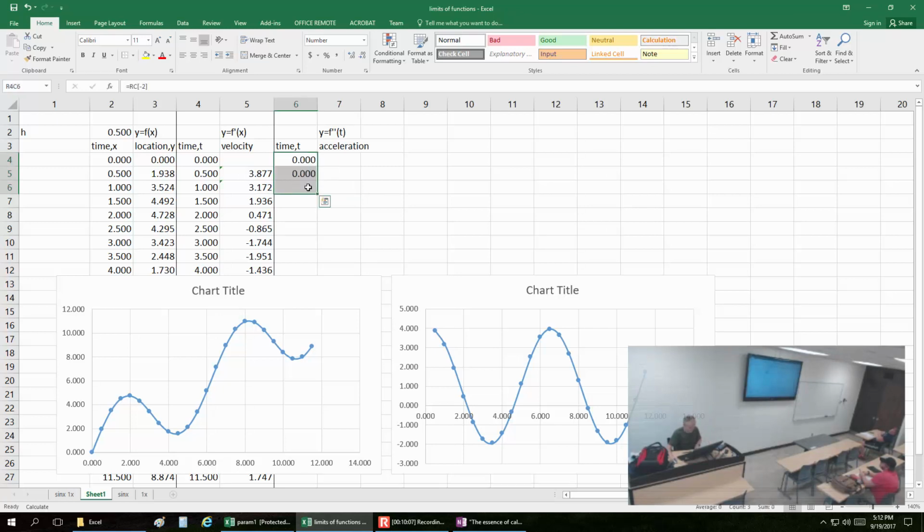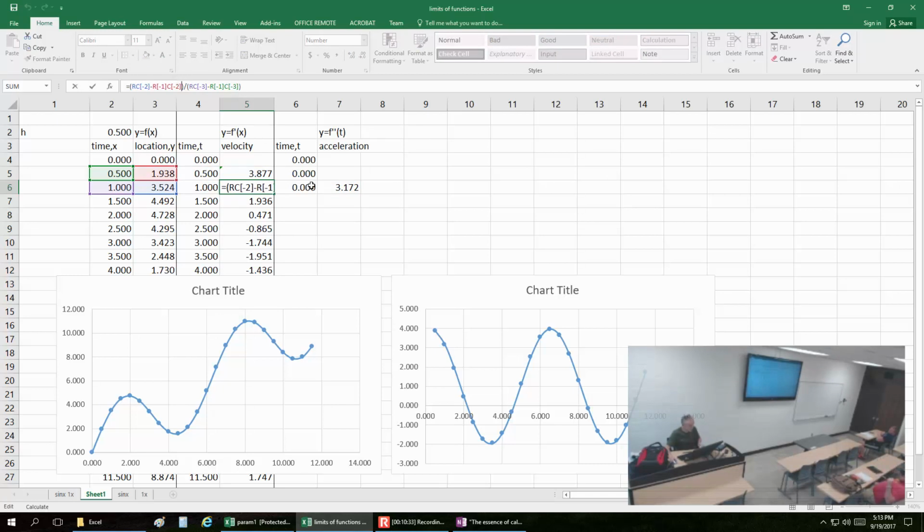I'll just copy. You see what happened: I didn't want to type that formula again, but look at it. It's the same formula for the acceleration. I'm computing the rate of change, but this time it applies to velocity. So let me show it again. This is velocity computed in terms of the location, 4 numbers.